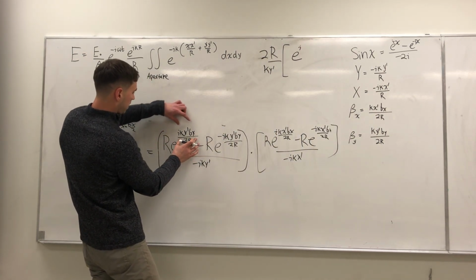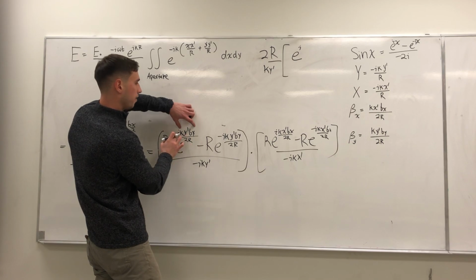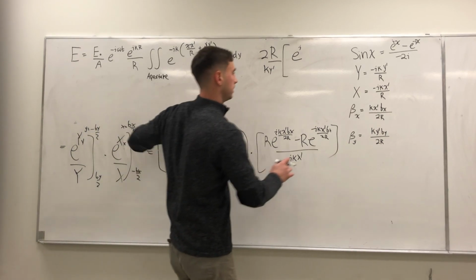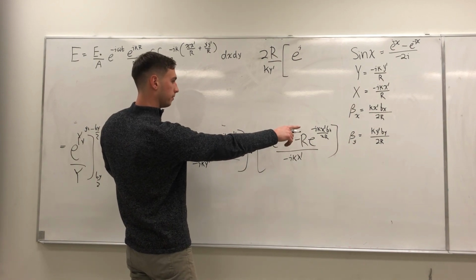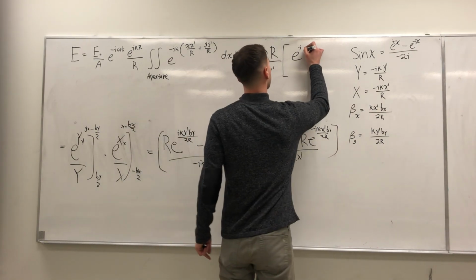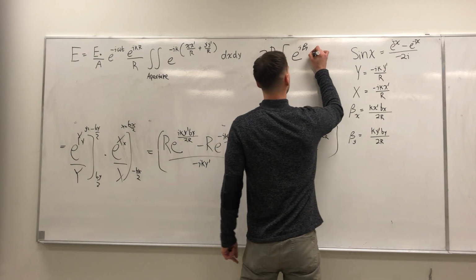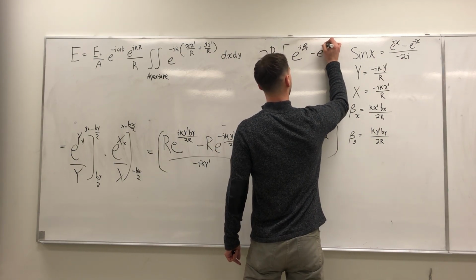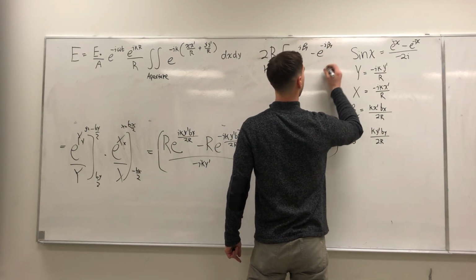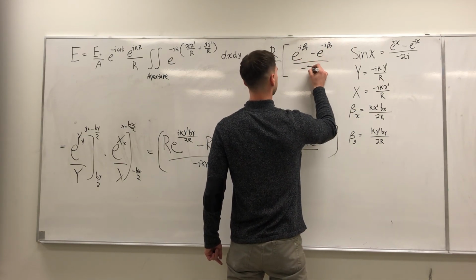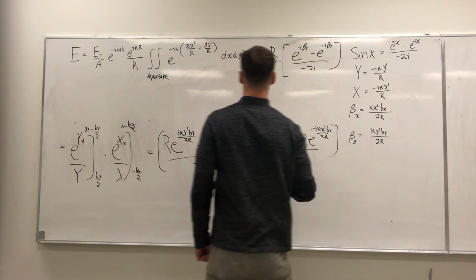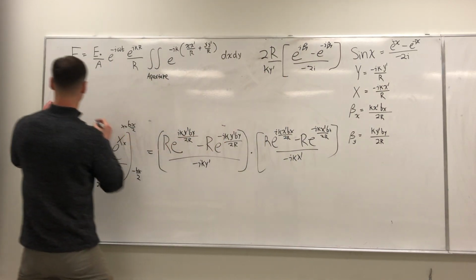So what's this expression without the i? That's just going to be beta y, right? Ky prime b over 2r, beta y. Minus e to the minus i beta y, like so, over minus 2i. So I'm going to continue over here.